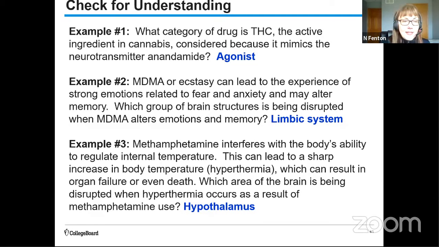If you remember, the amygdala, part of the limbic system, is responsible for strong emotions like anger and fear. And memory encoding is in the hippocampus, which is also part of the limbic system. And the bottom one asks you about methamphetamine and regulating internal temperature. And that's another piece of the limbic system, that's the hypothalamus.